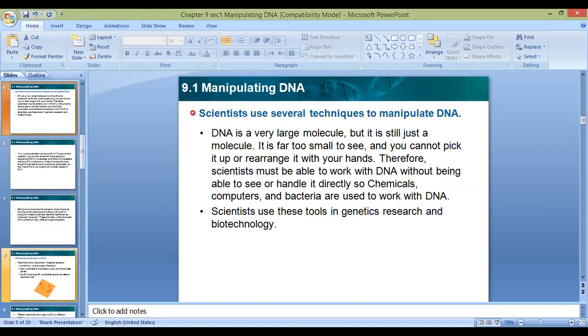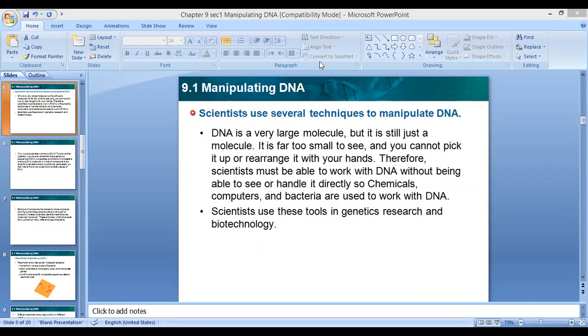By cutting it. And the scientists, we said, use several techniques to manipulate DNA because it is so small to see. It is a large molecule, but it's still too small to see and to handle with your hand.